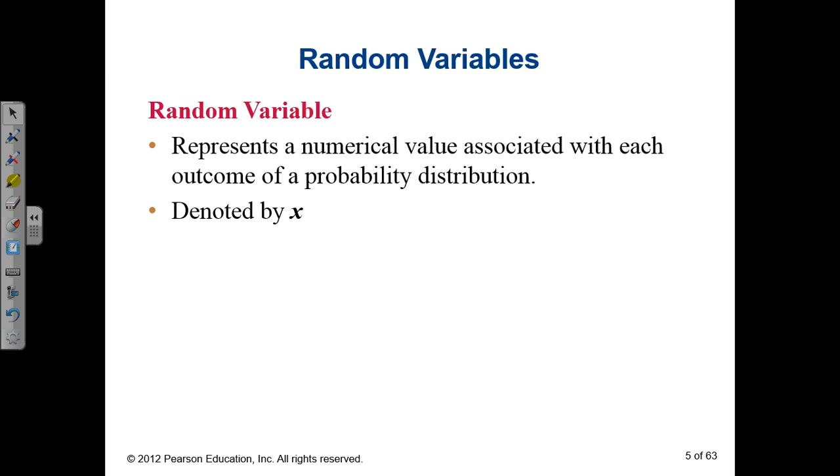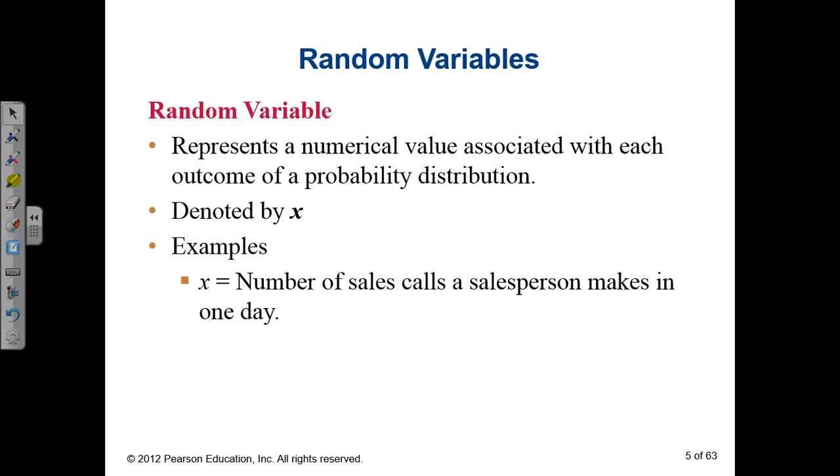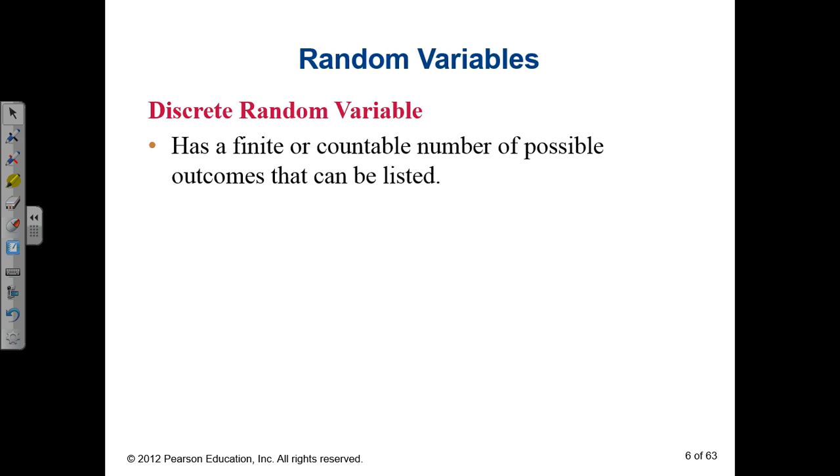They're denoted by x, and for example, x could be the number of sales calls a person makes, or x could be the hours spent on sales calls in one day. Notice there's a slight difference between those. Even though we're essentially talking about the same thing, we are distinguishing them in slightly different ways, which is going to be important.